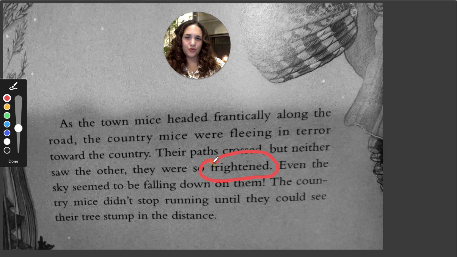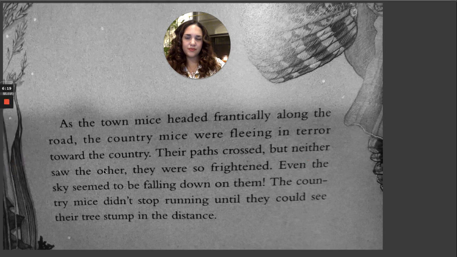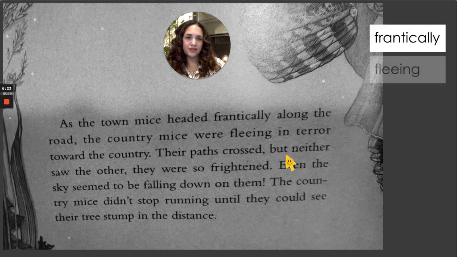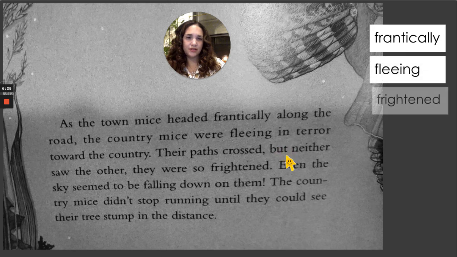I've heard that before, but I'm not sure what it means. And then there's a word here that can maybe help me understand. The word terror. So, we have the word frantically, fleeing, frightened, and terror.